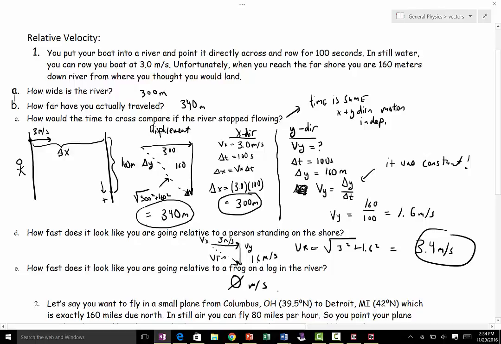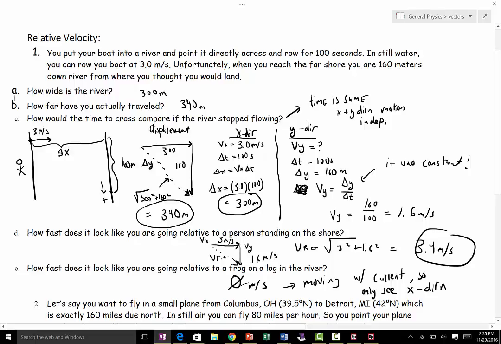relative to the, you're moving with the current, so we only see the x direction stuff. Put that down here. Only see x direction stuff.